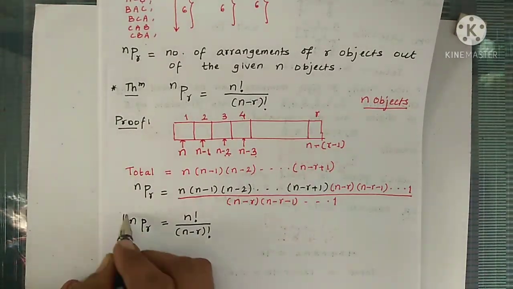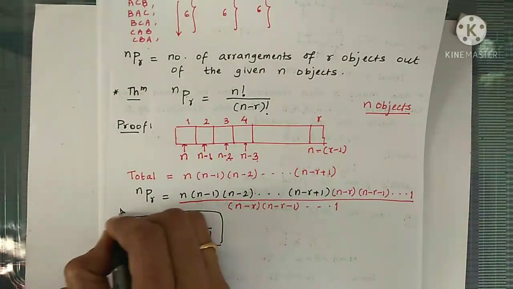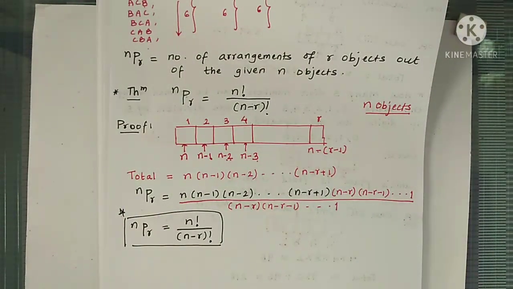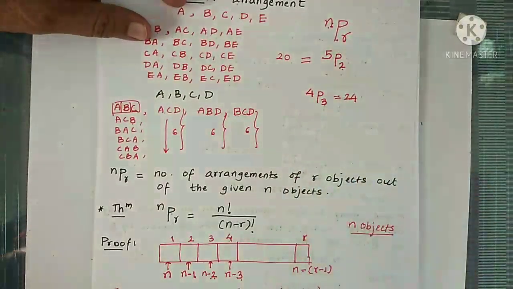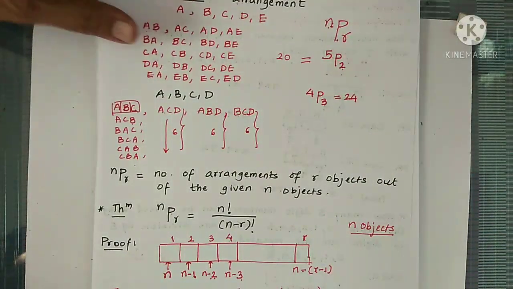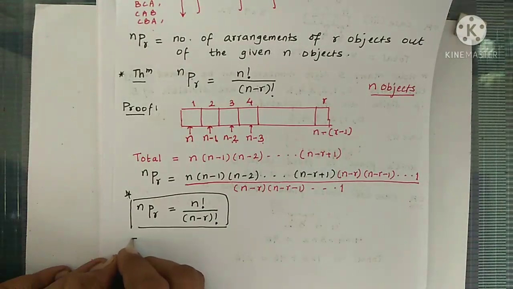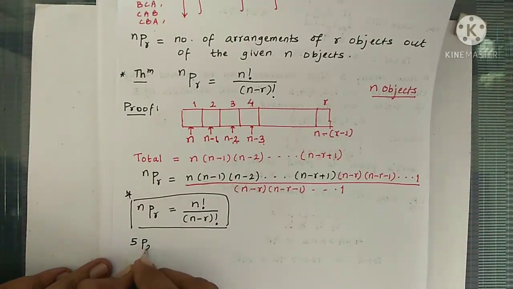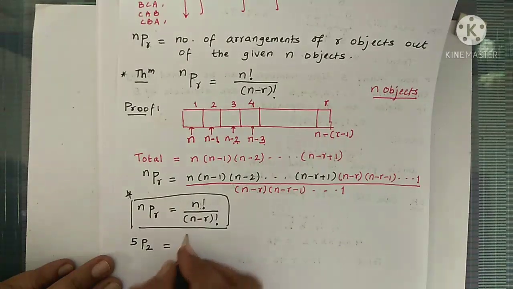nPr is n factorial upon n minus r factorial. Okay, important result. We have to remember this formula. Now we already have these values. Okay, 5P2 is 20. Now using this formula, let's find out whether it is correct or not. So let's find out 5P2. The formula says we have to write the factorial of this number in the numerator.